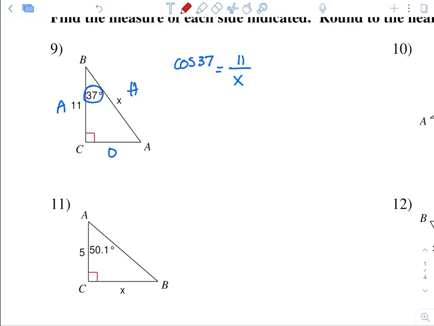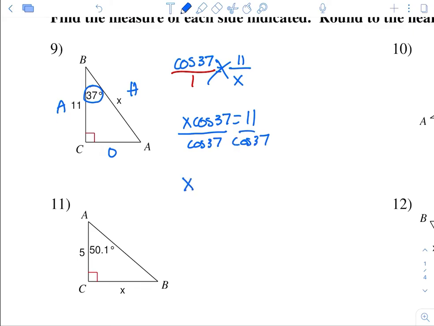Now at this step, you have to cross multiply to solve. Cross multiply. X times cosine 37 is x cosine 37. 1 times 11, 11. Now we need to solve for x. So in order to do that, we need to divide both sides by cosine 37.